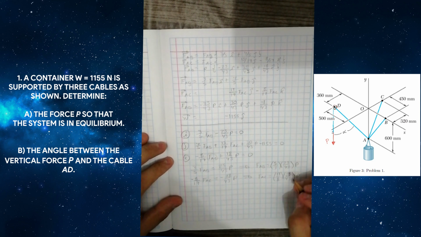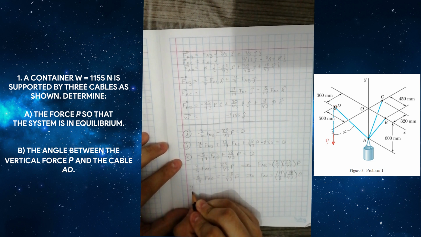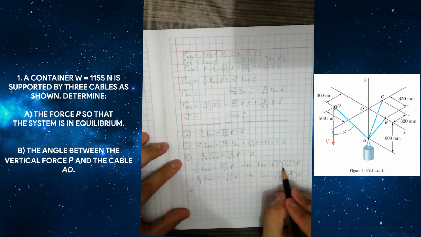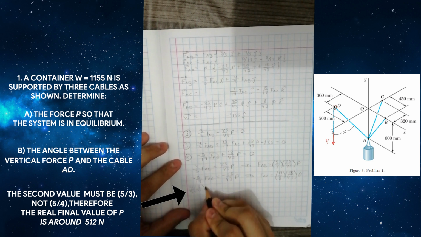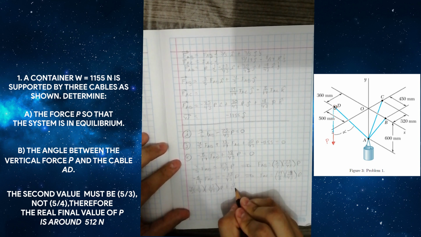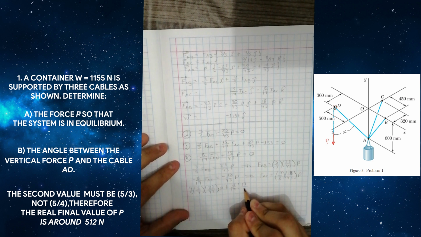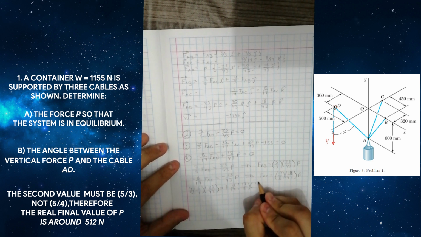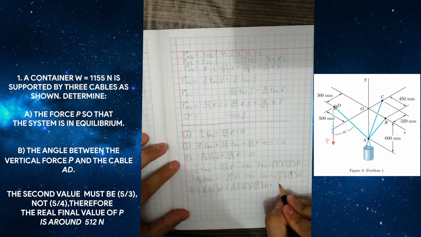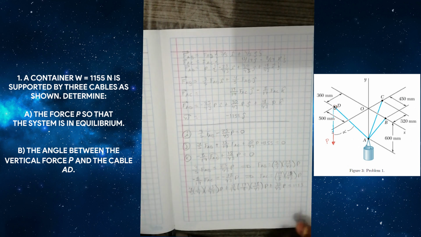Now we only need to replace them into the second equation, that is 4 over 5 the force AB, that is 5 over 3 times 25 over 43 P plus 15 over 17 times the force AC, that is 17 over 8 times 18 over 43 P plus 30 over 43 P equal to 1155.